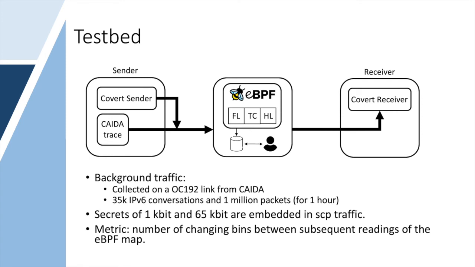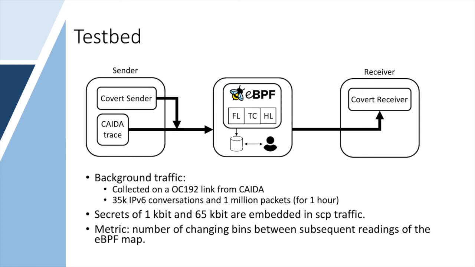To evaluate the capabilities and the performances of bccstego, we prepared a testbed composed of 2 virtual machines which are able to exchange network traffic through a 3rd virtual machine, which acts as a router and runs bccstego to collect statistical information.